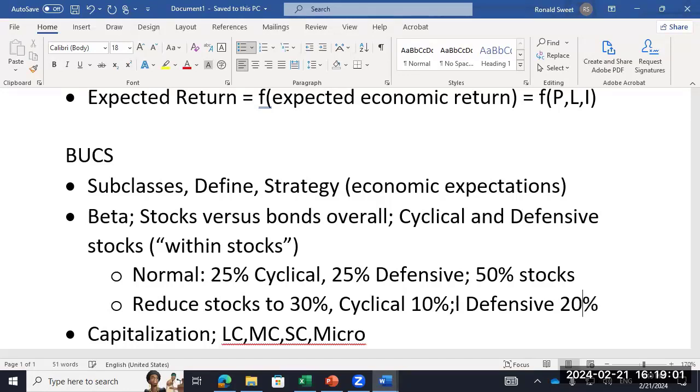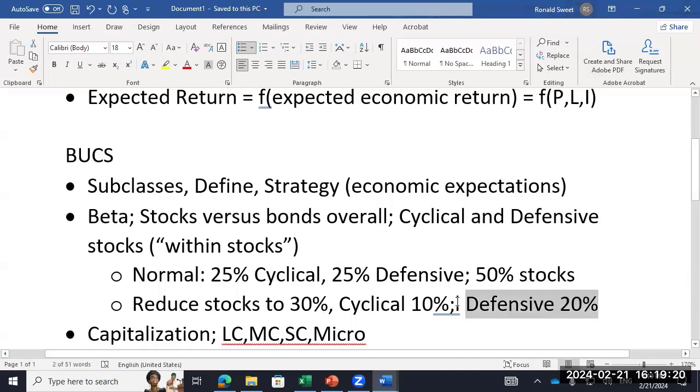Now, did you increase defensive or reduce defensive? What was defensive before? What is it now? So you actually reduced it. But relative to cyclical, what did you do? It's higher. So within stocks, I'm going to lean more toward defensive. Before I was 50-50, right?